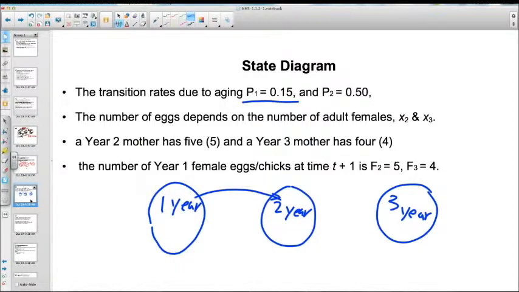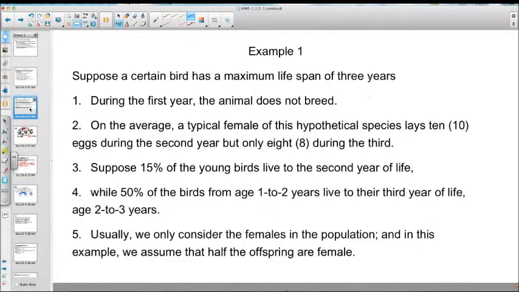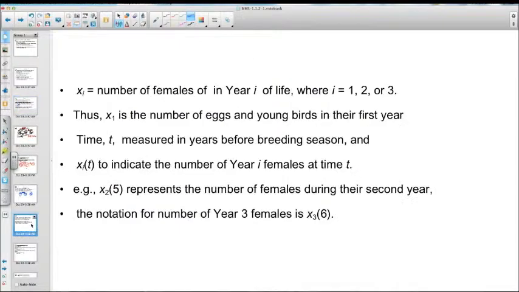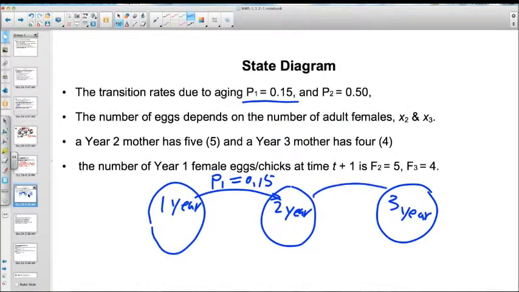And we know the survival rate of the first year birds to the second year is only 0.15, if we check back to our model. And the transition from the second year to the third year will be 50%. So we just write down this P2 as 0.5. In other words, 50% of birds perished in that period.